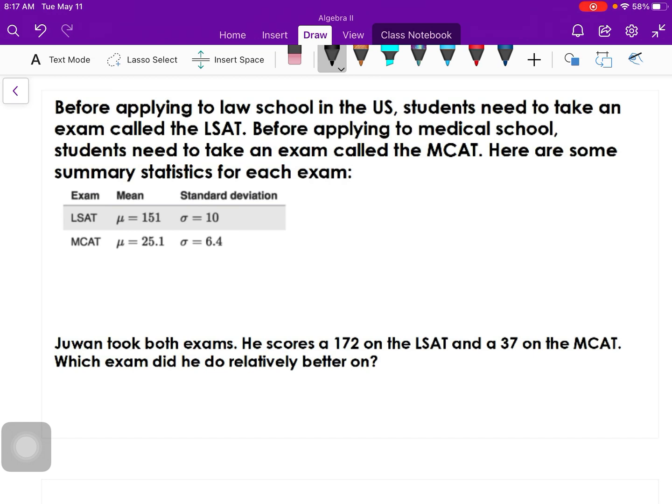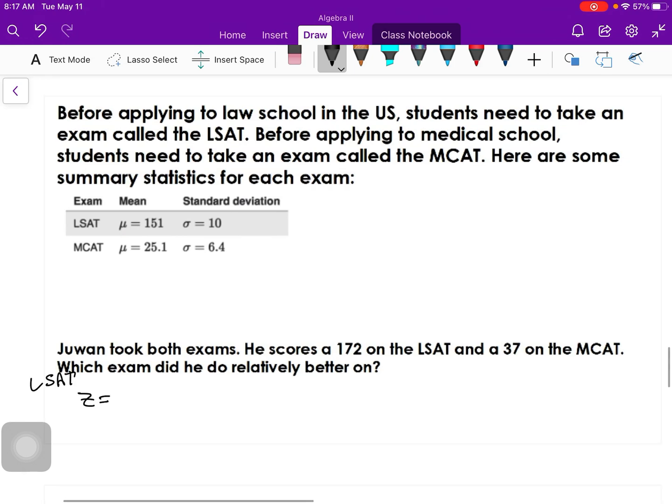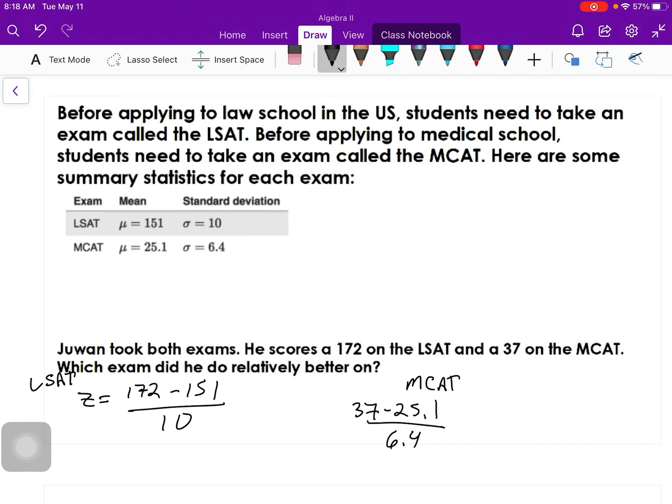Now, by finding the z-score, you can make that all relative to the same average and standard deviation. So if I find the z-score for his LSAT, 172 minus 151 over 10. And if I find the z-score for his MCAT, so let's see, 37 minus 25.1. The z-scores will tell me a better representation of how closely he did to that average.